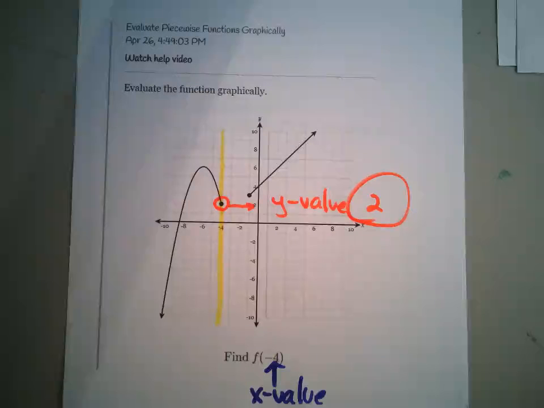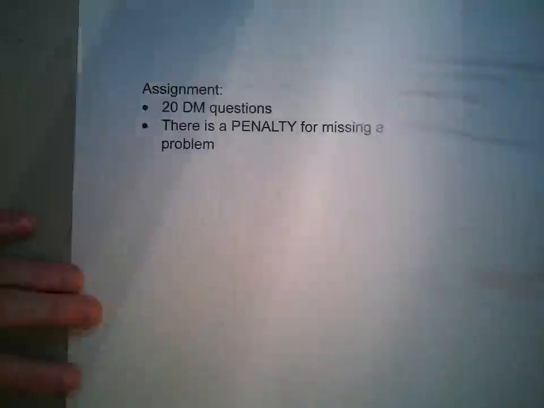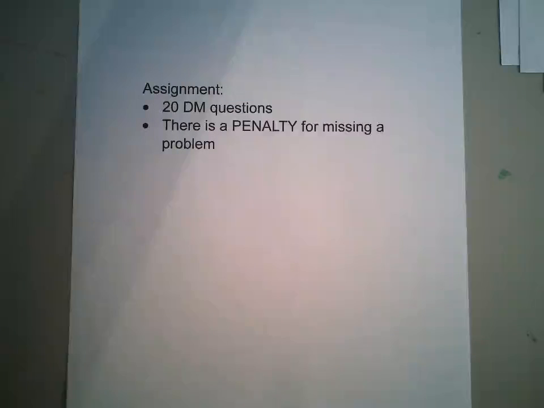Now, what's the trick, right? I know you're sitting here saying, Coach Scott, this can't be as easy as you're making it seem. Well, actually, it is. But the trick is this. When you go into your Delta Math assignment today, there will be a penalty for missing a problem.